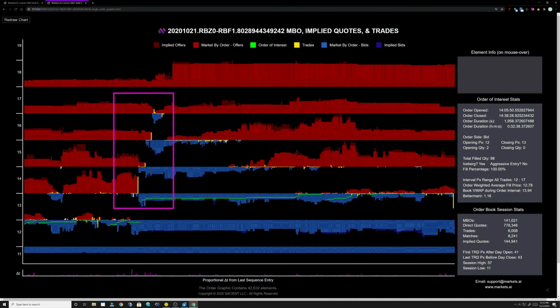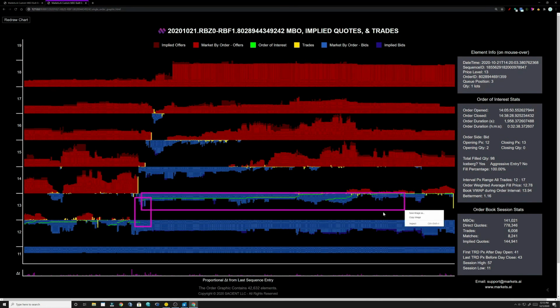So the market is racing away, if you can call that racing, moving away from the resting order. We went from 12 to 13 bid to snug up a little bit closer, and the market kept moving away from it. When you see this without a trade, what that means here is that other people have pulled their orders or reduced their quantities, hence improving the queue position of our order of interest.